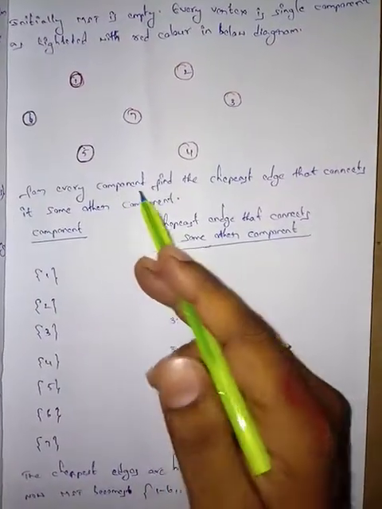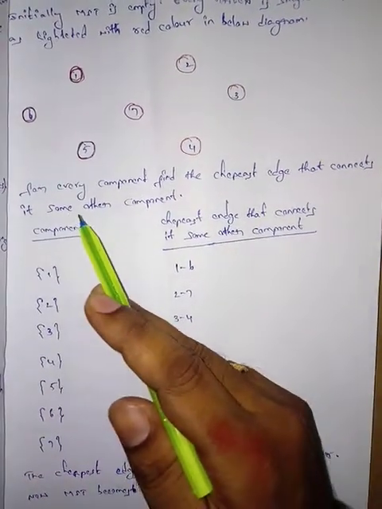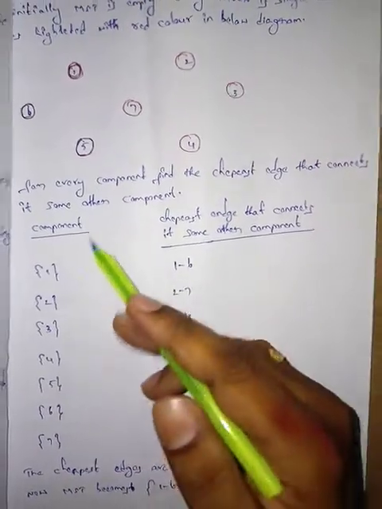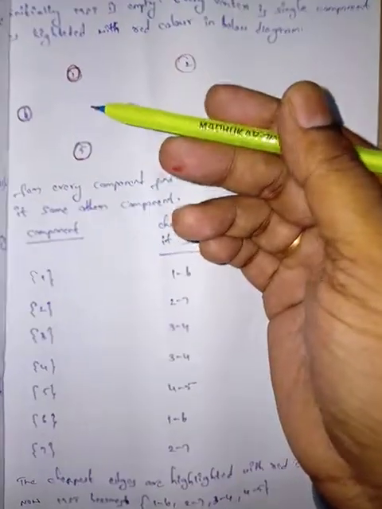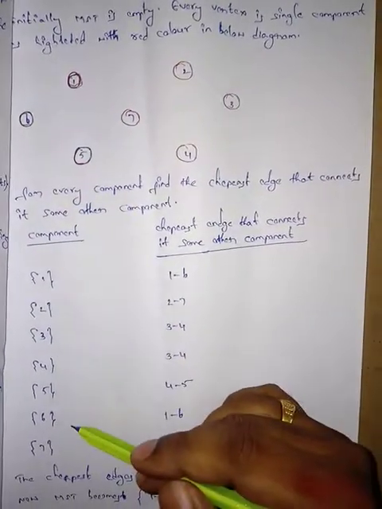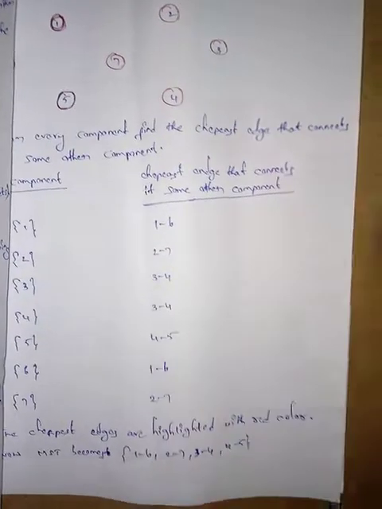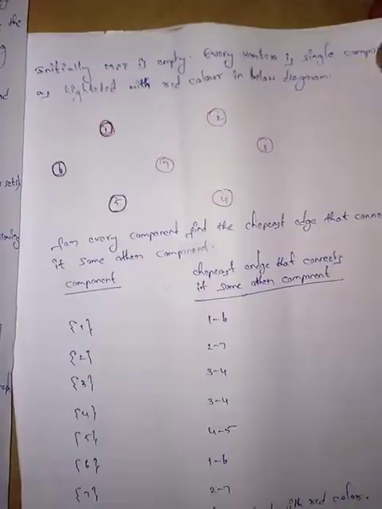For every component, find the cheapest edge that connects to some other component. I am placing the individual components here one by one, 1 to 7. Now I have to find the cheapest edge for each component.